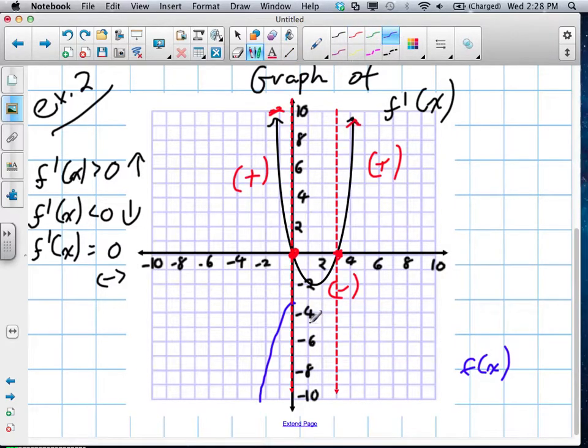Remember, we're drawing the original graph. Now, from 0 to 3, we have a negative. So if it's negative, our original graph is doing what? It's decreasing. So I have some graph, it's now decreasing. And then at 3, I hit a critical point, and I either start to decrease again or I increase. But I do have a horizontal here.